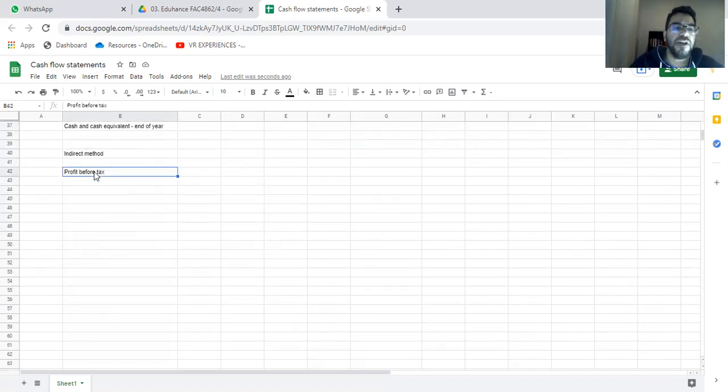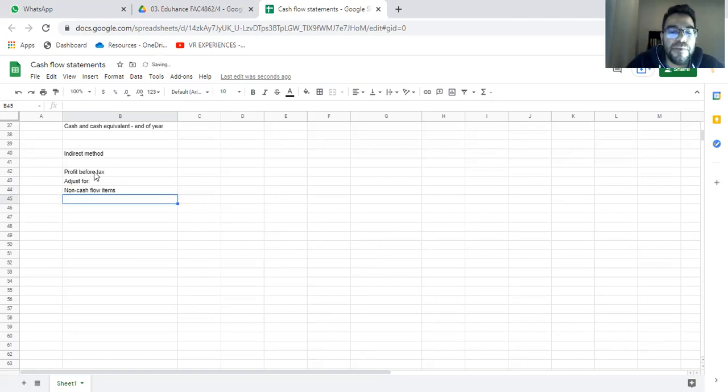This profit number, profit before tax, is an accrual number. We want it to be a cash flow number. So the first type of adjustment is to adjust for two things. The first thing is non-cash flow items. A typical non-cash flow item is impairment. A typical non-cash flow item is depreciation.